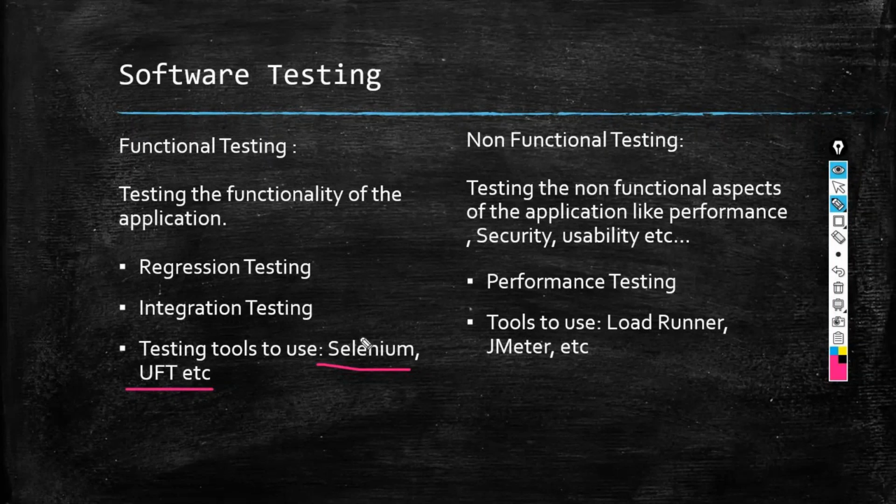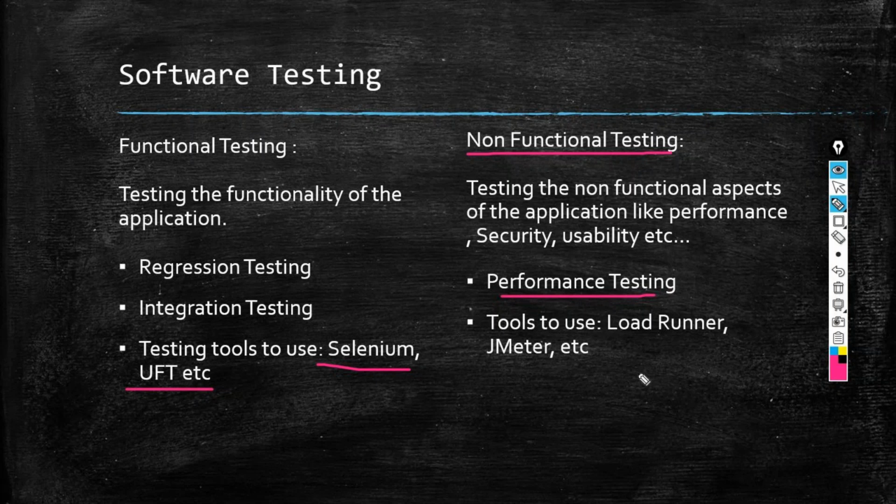At the same time, you have something called non-functional testing, which is all about testing non-functional aspects like performance, security, etc. So performance testing comes under non-functional testing. What exactly do we mean by performance testing?